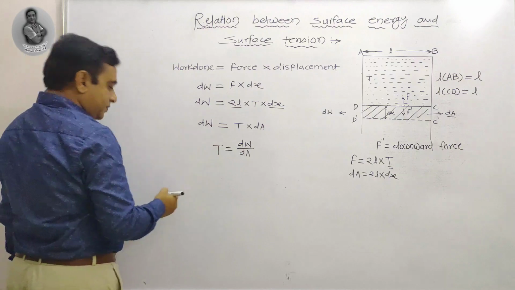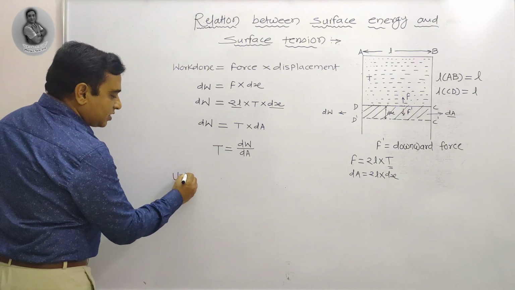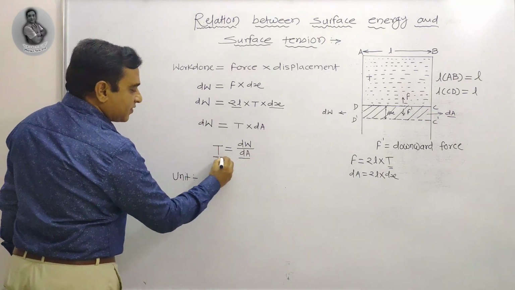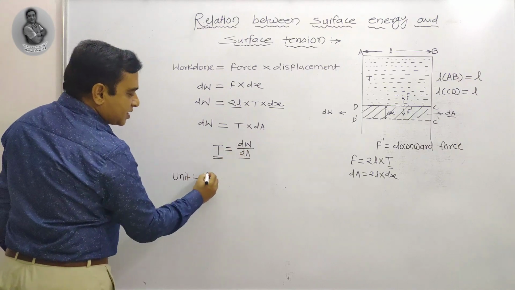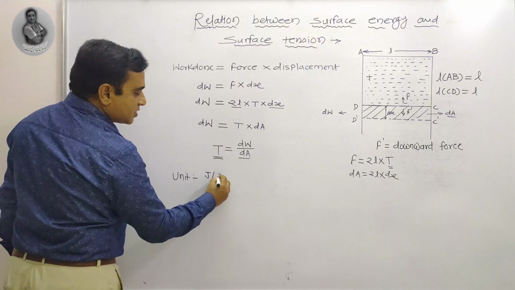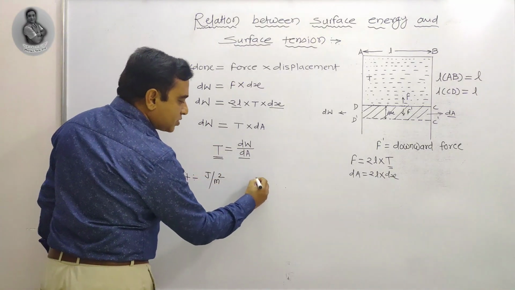What about the unit? The unit of this relation, or the surface tension, is given by the work done, which is measured in joule, and area is measured in meter square. So accordingly we have the dimension.